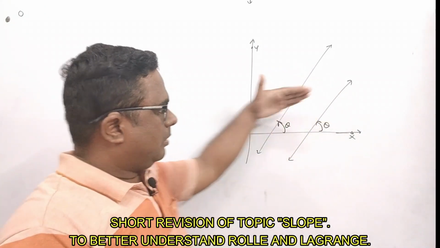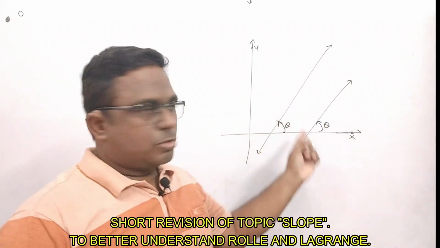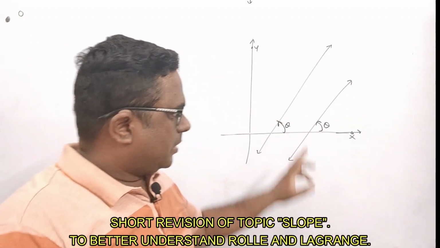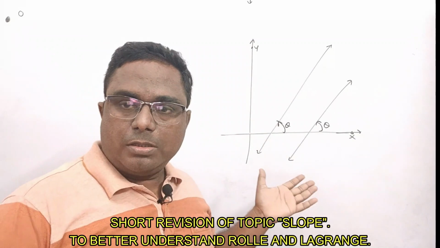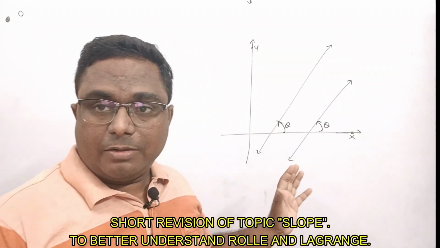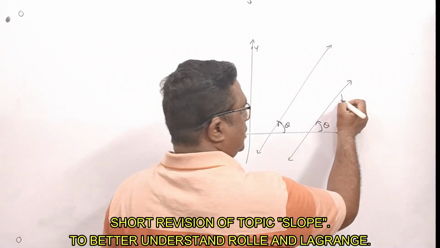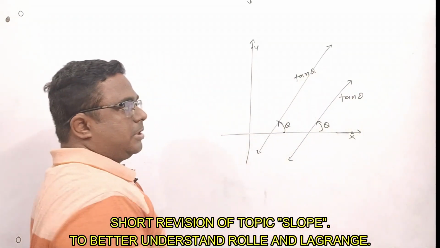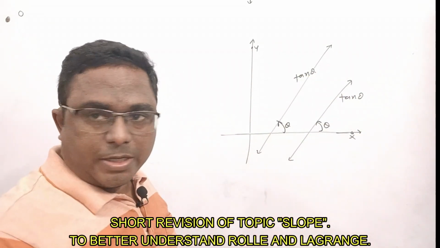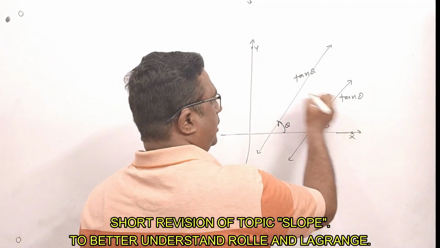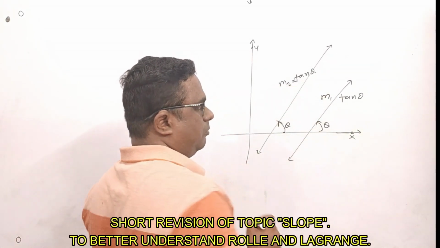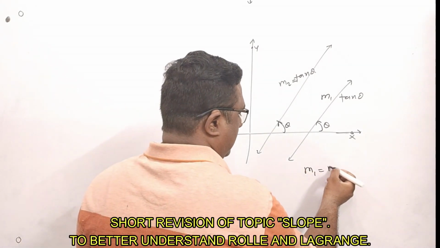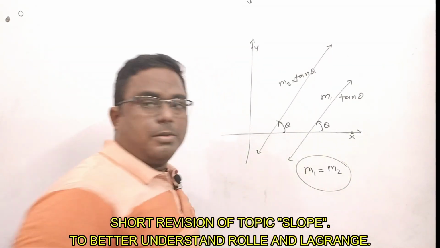Because these are parallel and it is transversal, so both of these angles are equal by corresponding angles axiom. And since these angles are equal, their tan will also be equal. Its tan theta and its tan theta will also be equal. And tan theta means the slope of a line, so its slope and its slope will also be equal. So consequently the result is that if two lines are parallel, then their slopes are equal.